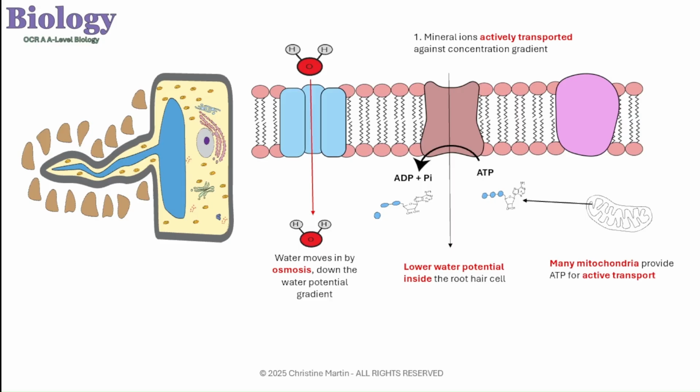So mitochondria is where we have aerobic respiration occurring, and because it's aerobic respiration, we have lots of ATP molecules. So this is where we could interlink our knowledge for respiration and apply it to how the roots are able to take in the water.